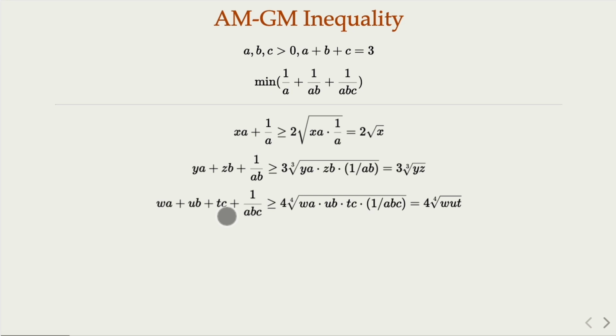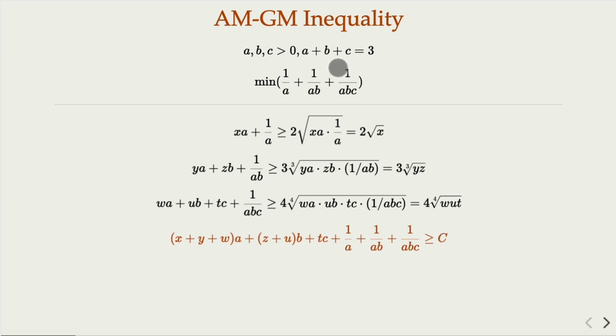unknown coefficients. In order for the minimum to be achievable, we need to make sure that the minimum is achieved at the point of equality. The condition for equality is that all the numbers are equal. So in other words, we are searching for these unknown coefficients here on the left-hand side, and this is the quantity we're interested in.